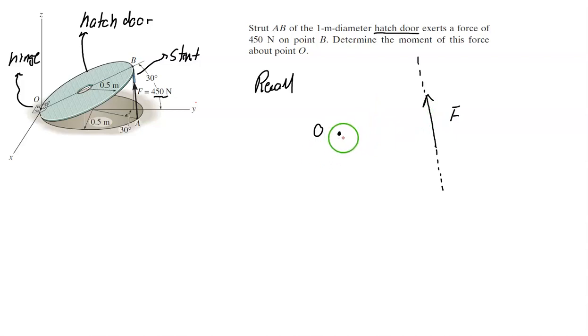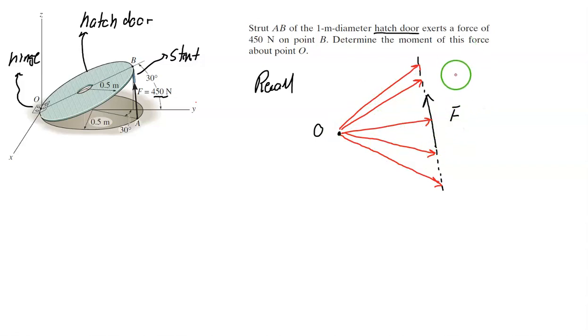So you can use any position vector from point O to the line of action of F, any.